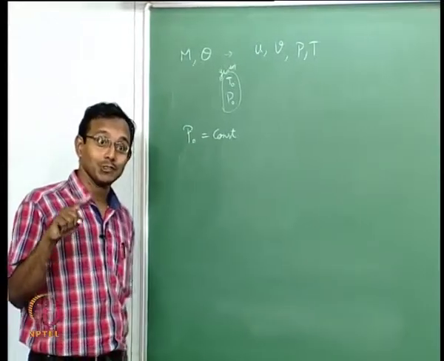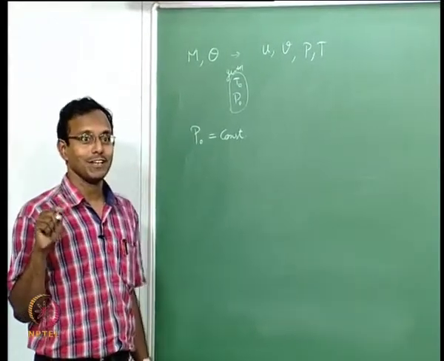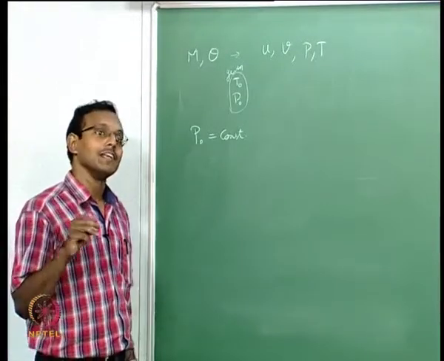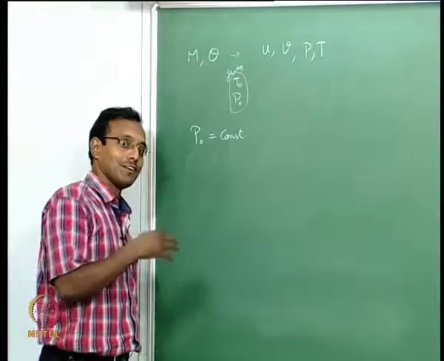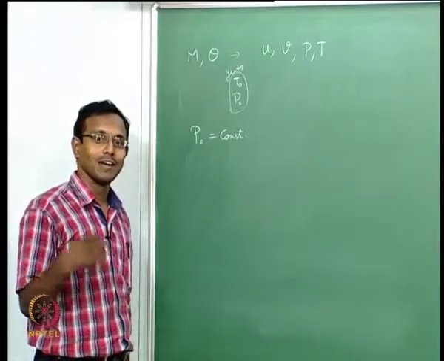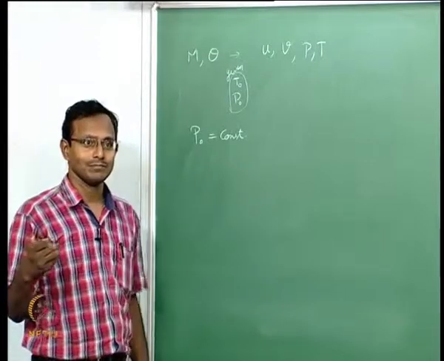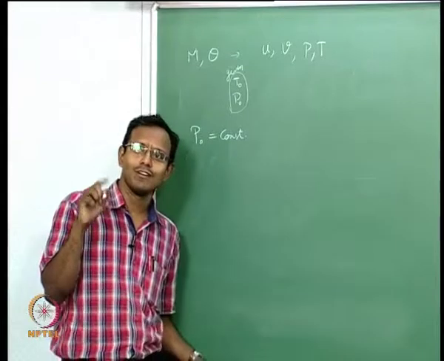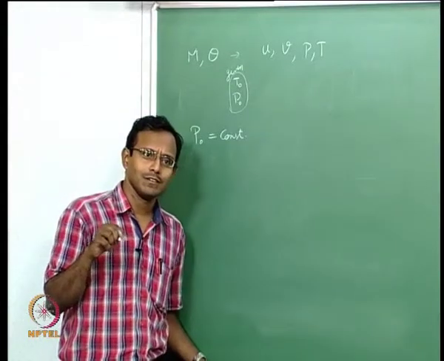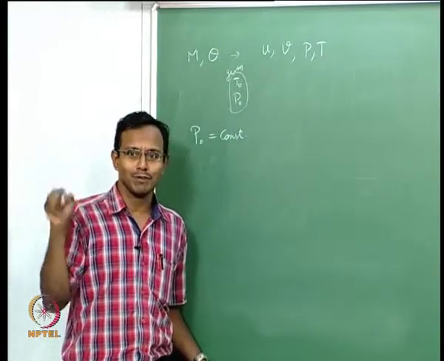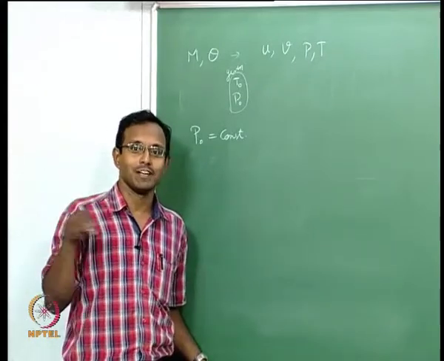This was already assuming that T naught 2 by T naught 1 was 1. If that is not the case, of course you are going to have entropy rise anyway. We had a full expression in terms of T02 by T01 and P02 by P01. Hopefully you remember that it went something like delta S by R is equal to log of T02 by T01 to the power gamma by gamma minus 1, multiplied by P02 by P01, some such expression we had.